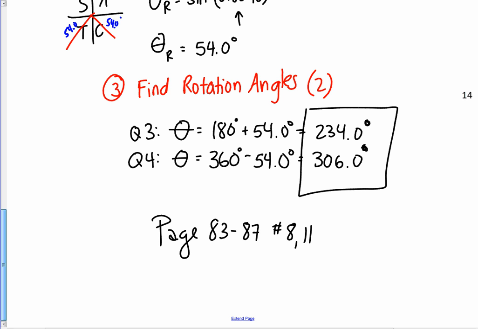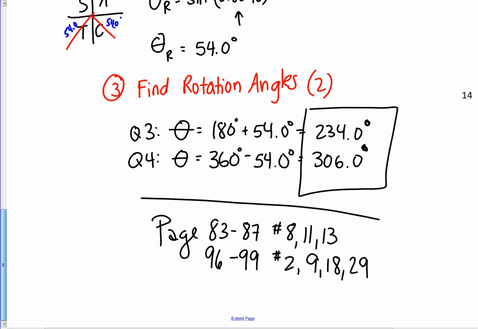And then page 96 to 99, questions 2, 9, 18, and 29. So that's today's assignment. Everything we've covered up to today is on the quiz on Tuesday. What we cover on Monday is not on the quiz.